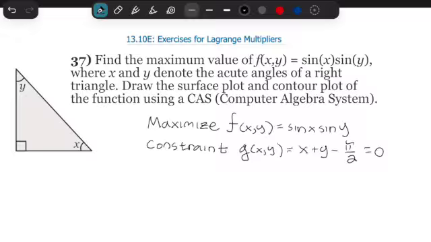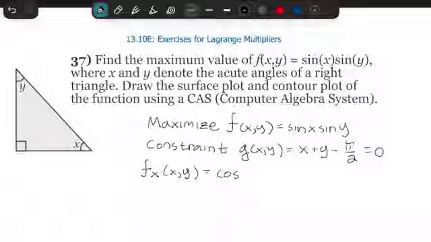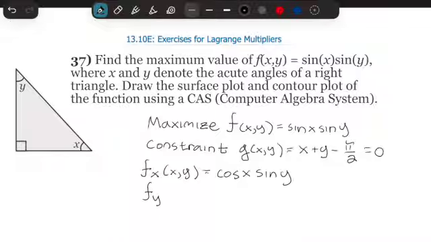So now let's get our gradients. Fx(x,y) equals cosine x sine y, and then fy equals sine x cosine y.